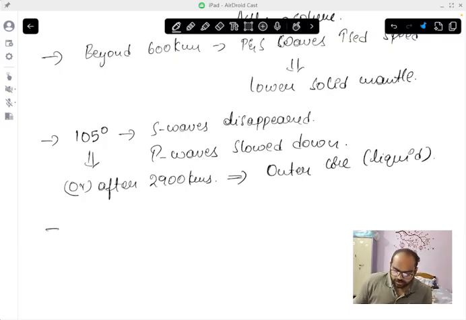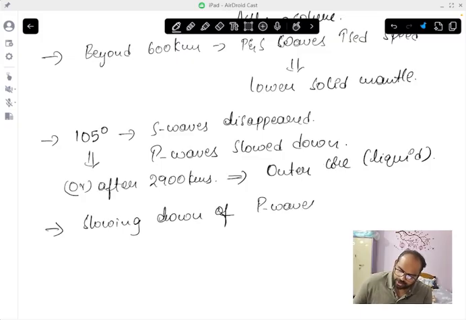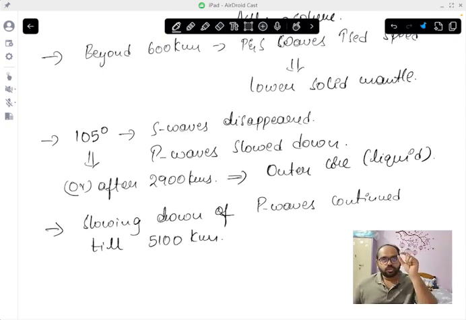And this slowing down of P waves continued till 5100 kilometers, that is from 2900 kilometers to 5100 kilometers. S waves disappeared after 2900 kilometers, but P waves travel in a much slower manner, indicating it is a liquid material, from 2900 to 5100.